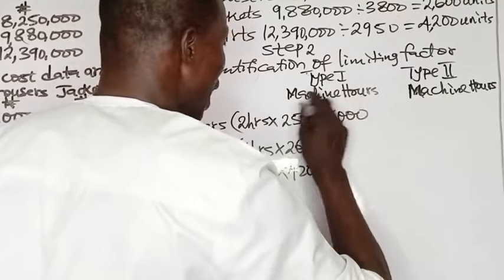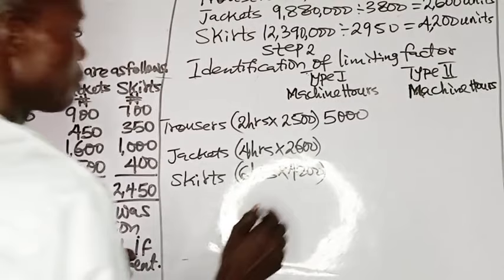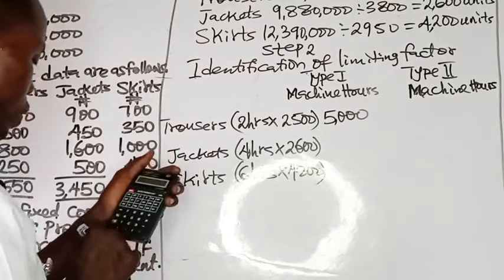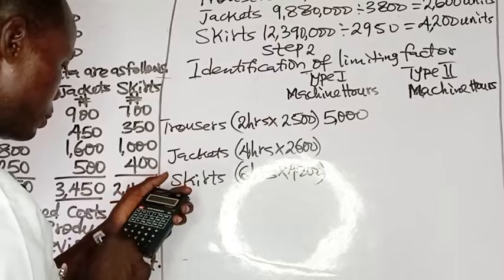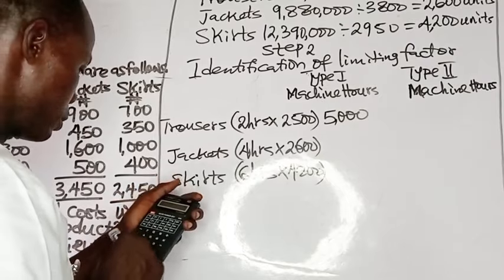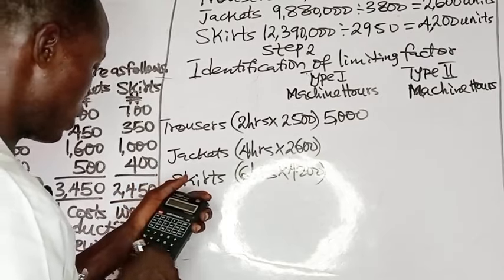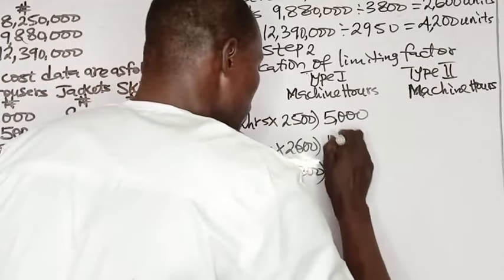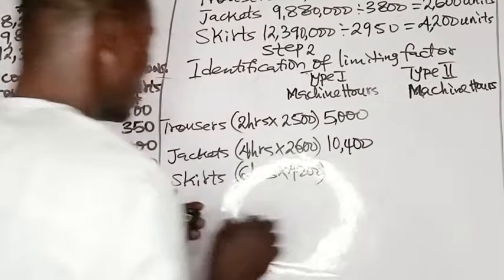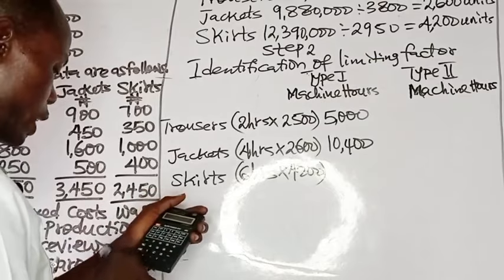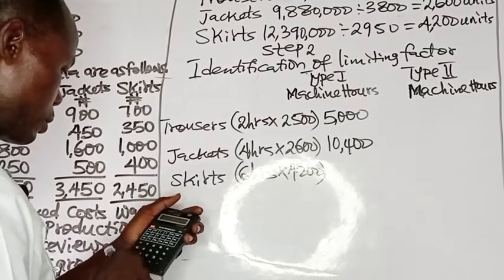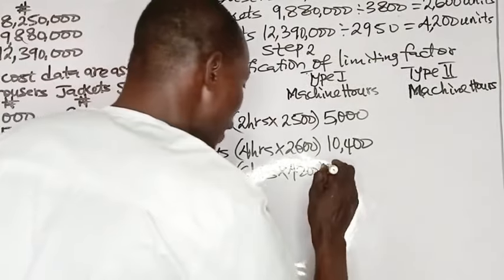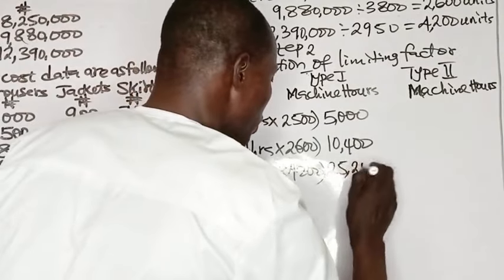This is machine hours. Then 4 times 2,600. So we have 10,400 machine hours. 6 times 4,200. Then you have 25,200.